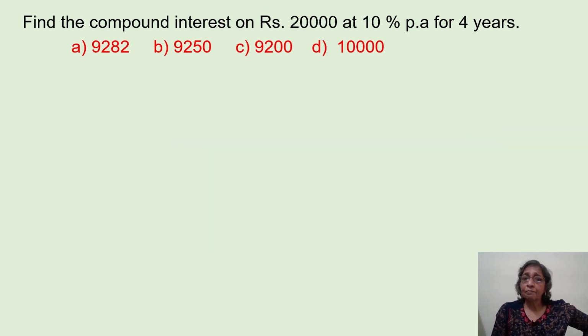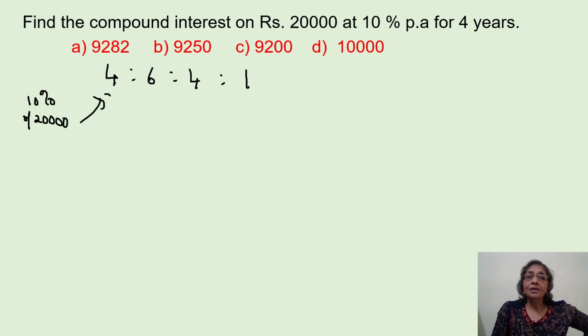Now the same sum I'm showing you by using the same ratio. What is this 4:6:4? Now these are the percentages that you need to take. So the first percentage is 10% of 20,000, which is going to be 2,000.